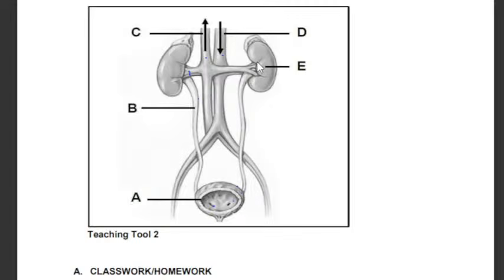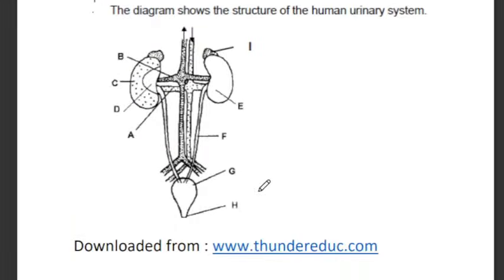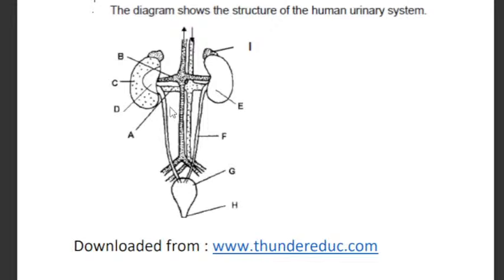So basically that's it. Then if we come back here, the next question looks like the first one, but it might not be exactly the same. Guys, let me know if you have a question so that I can answer it. They're saying label A, B, G, I. Let's look at A. It brings blood.